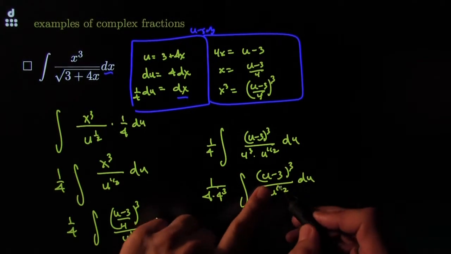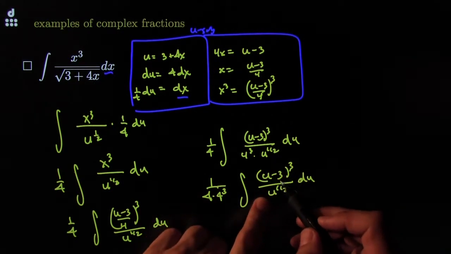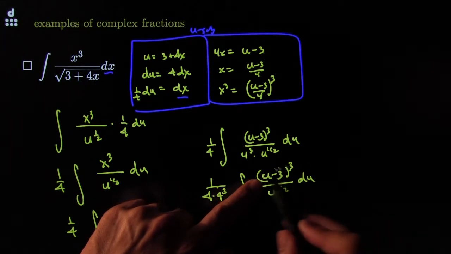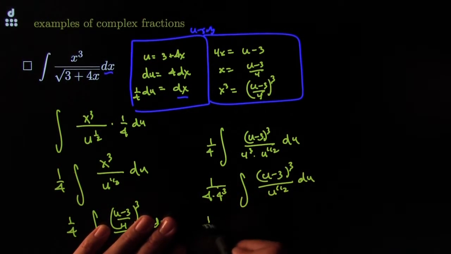Now this is just expanding a binomial using your algebra skills, and the strategy here would be to expand this long binomial and then separate it into a bunch of little fractions. So it would look something like this.